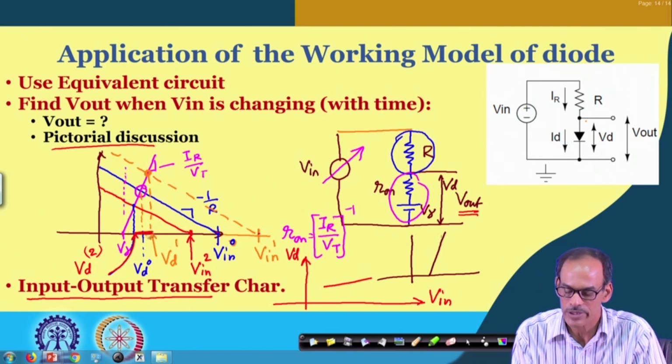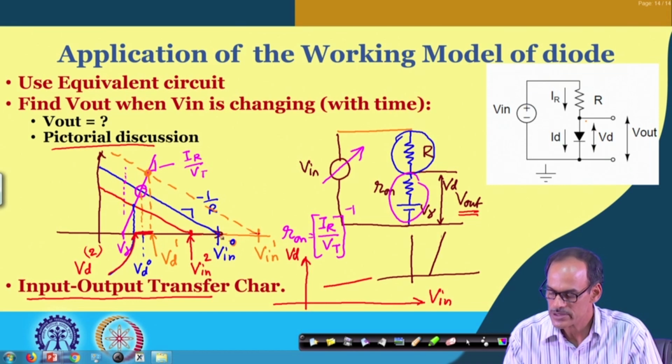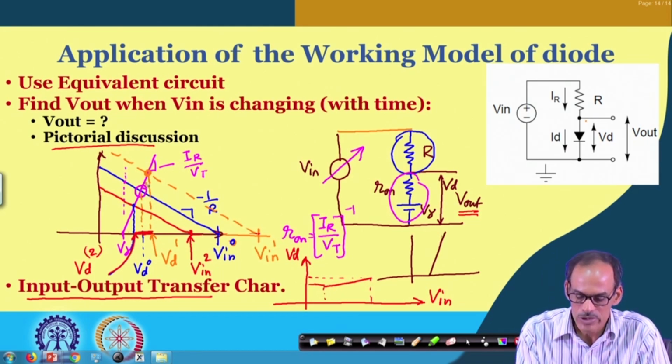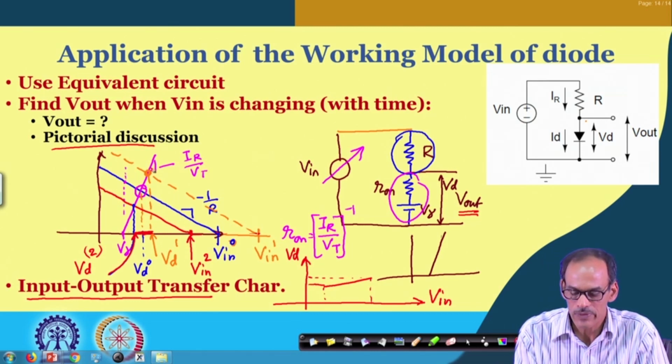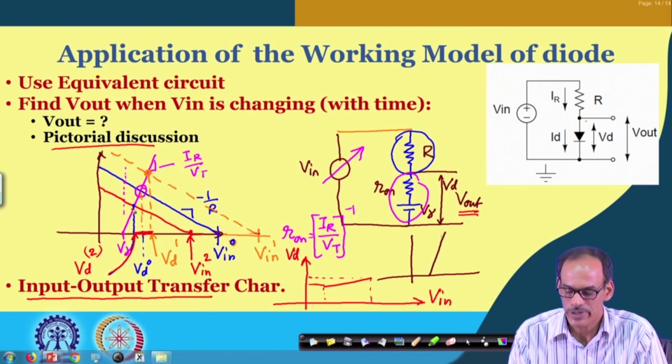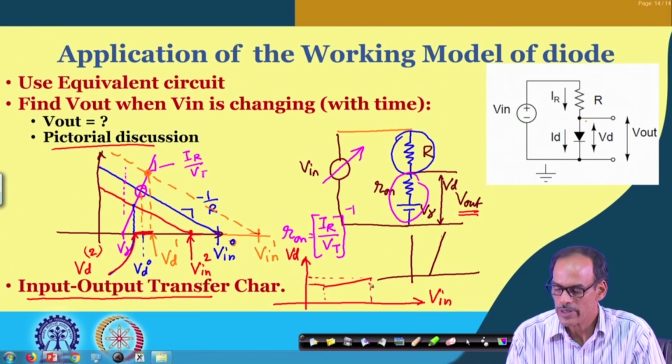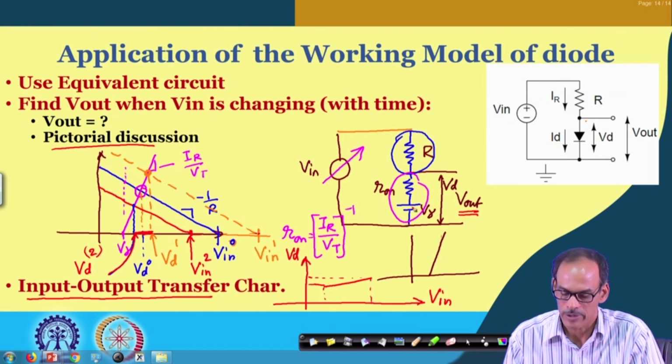The amount of change here is very small compared to the changes there. So, even though V in is changing over a wide range, the corresponding output change or V d change is very small. That is mainly because the slope of this line is very high. In fact, theoretically if this line is vertical, this line will be horizontal, indicating that if R on is 0, at the output you will get only V gamma.